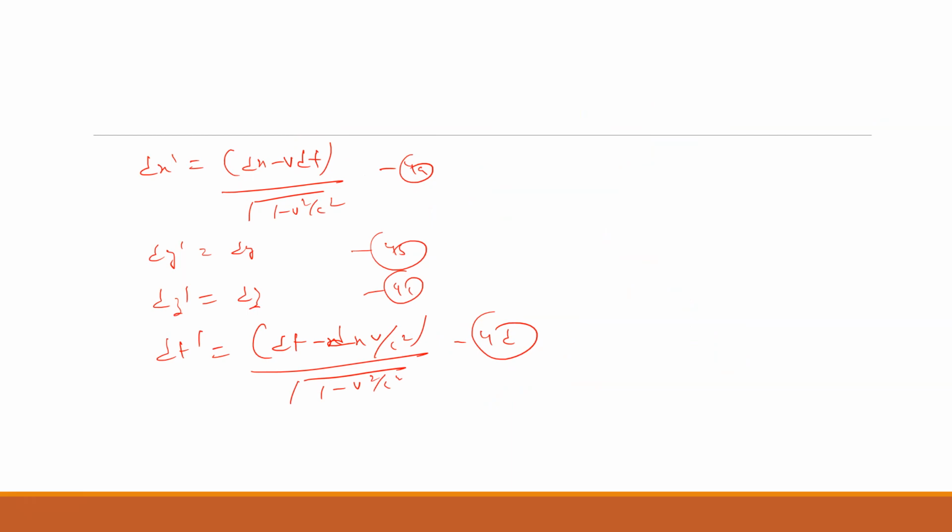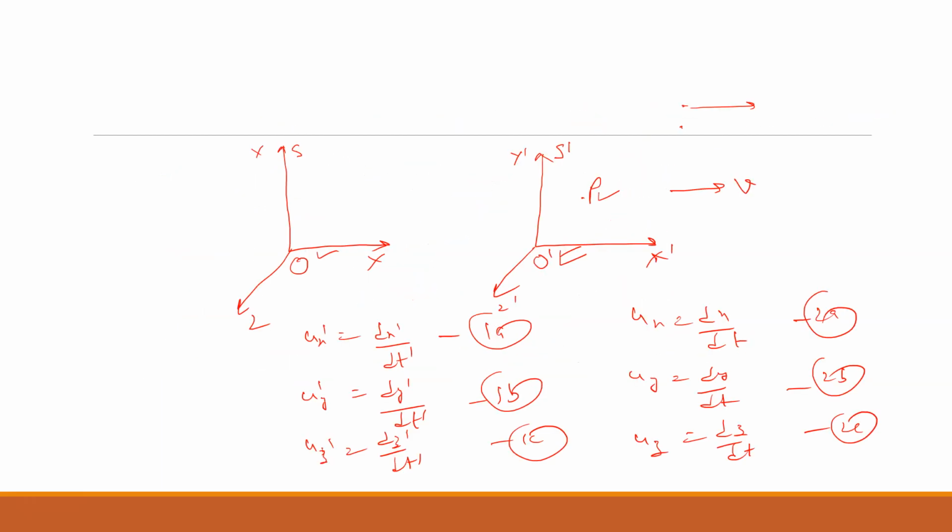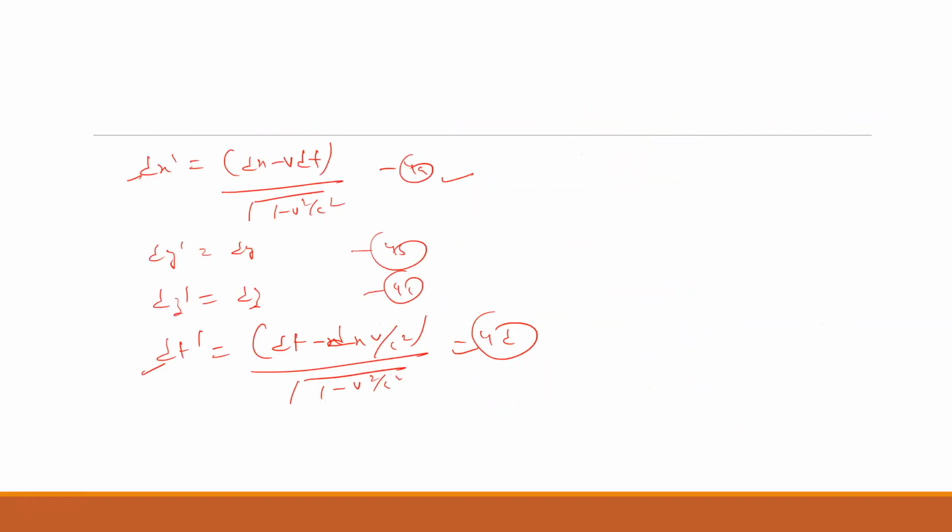Now put equations 4a and 4d, that is dx dash and dt dash, in equation number 1a. In equation 1a, we have ux dash equals dx dash by dt dash. So put equations 4a and 4d in 1a.